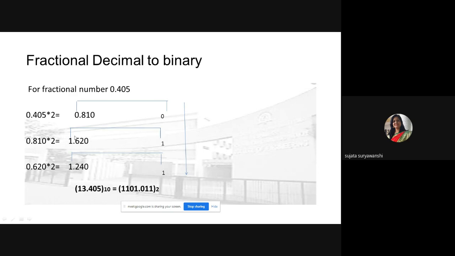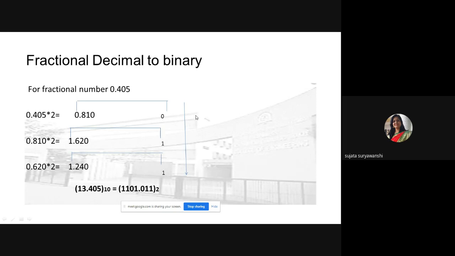For the next multiplication, I need to use only the fractional part. Don't use the integer part for further multiplication. So use 0.620 times 2, and I get 1.240. Again record this 1 as the carry or integer part.